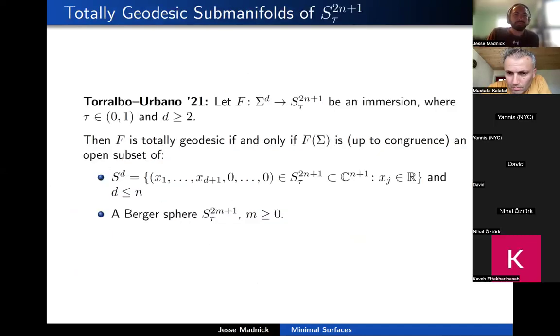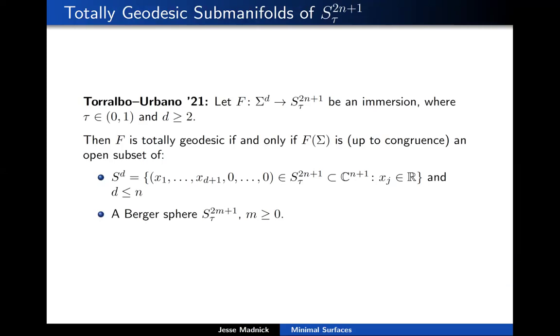So a question you might have is, what are the simplest submanifolds of the Berger spheres? And here I mean something different by simplest. Here I mean totally geodesic. Surprisingly, the classification of totally geodesic submanifolds in the Berger spheres is relatively recent. This is a result of Torralbo and Urbano.